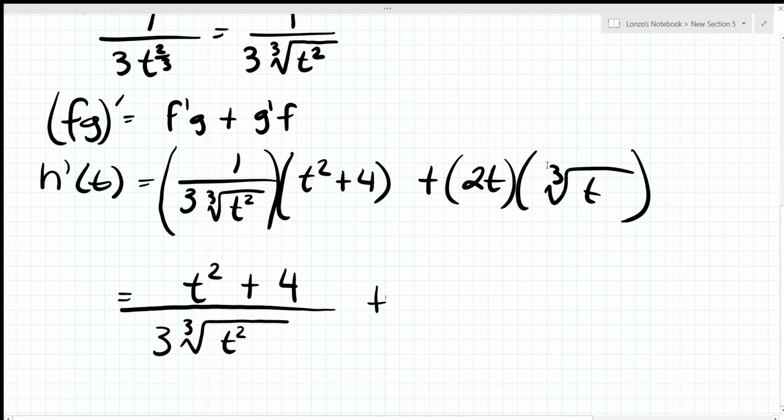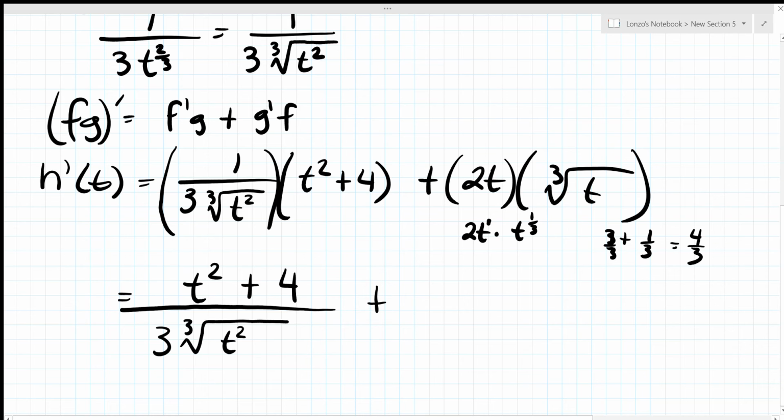Let's put this in power form. Let's make it simpler, okay? So this is like 2t times, the cube root of t is the same thing as t to the 1/3. Okay, now we can combine these terms because when you're multiplying, you're adding exponents, right? So this has a 1. So it's like saying, what's 1 plus 1/3? We can rewrite 1 as 3/3, which gives 4/3, right?